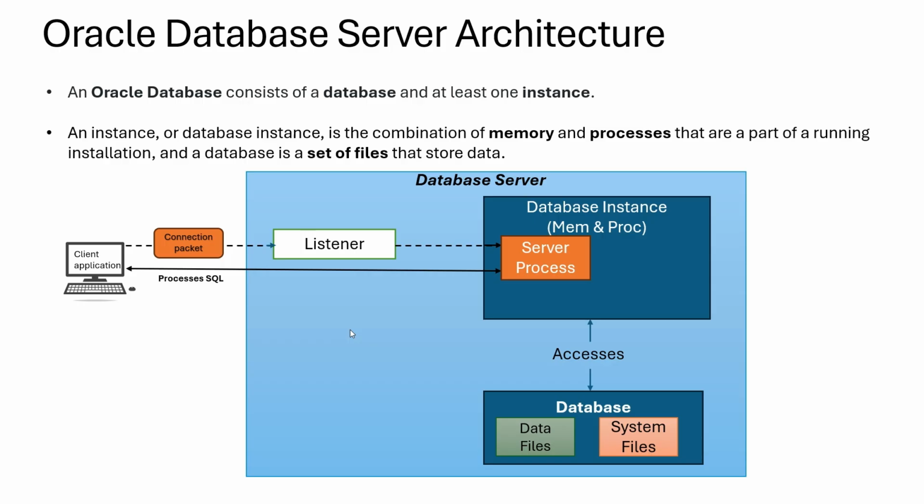Then the server process handles the request coming from the client, basically the user process. It handles that user process request with the instance and database, fetches the information from the database and gives it back to the client.